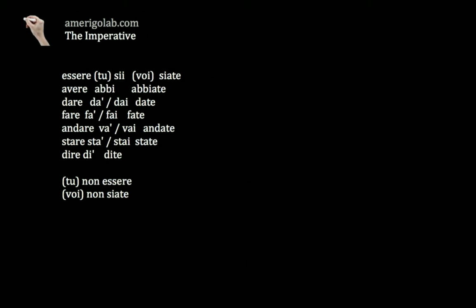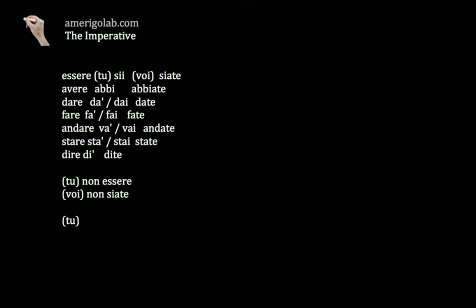Let me just give you another one. Let's take, for example, andare. You want to say go, you say va' or vai if you talk to one person, and you say andate if you talk to more than one person. Now, don't go. So let's use first the tu form.